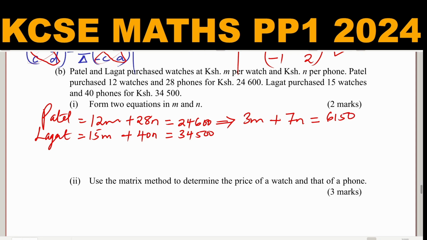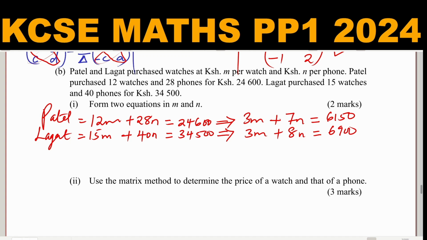The second one, you can divide every term by 5, and this will give 3M plus 8N is equal to 6900. So you can leave the equations in that simplified form.